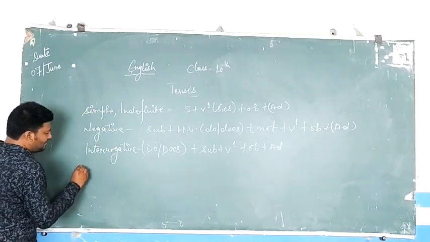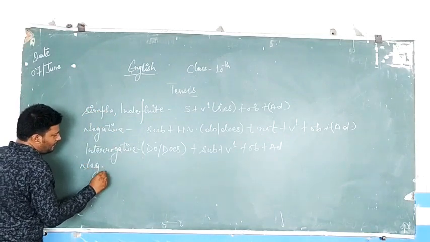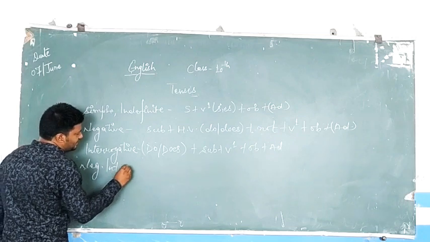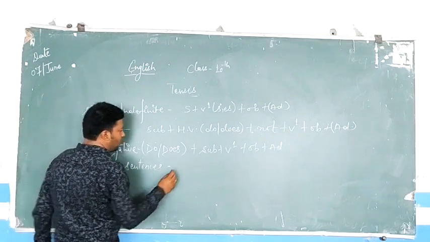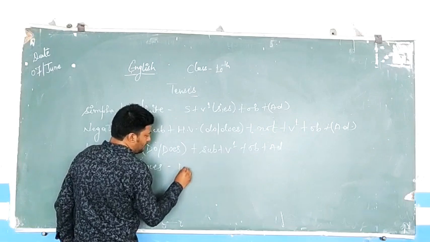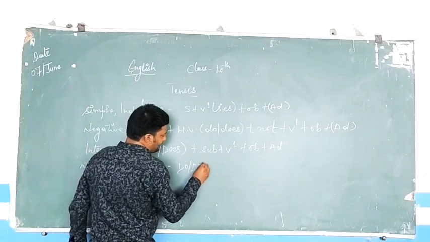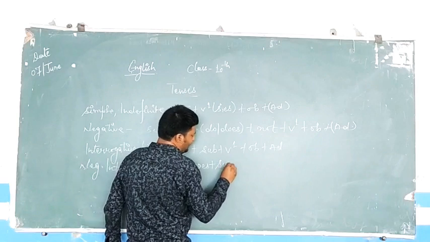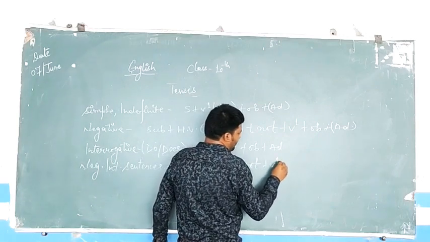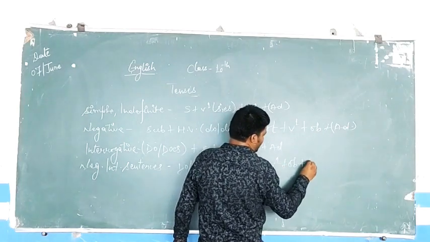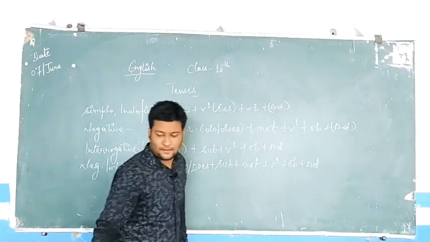Then comes negative interrogative sentences, which is do or does plus subject plus not plus verb first form plus object plus adverb.